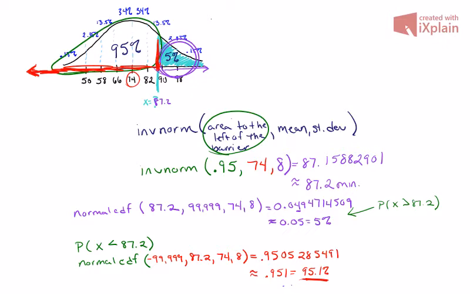So notice that the area above 87.2 was about 5%, and the area, in this case, below 87.2 was 95.1%. The only other item that I want to call out is that you might be saying, but wait, 5% plus 95.1% is 100.1%. We shouldn't be able to add this up and get something over 100%.